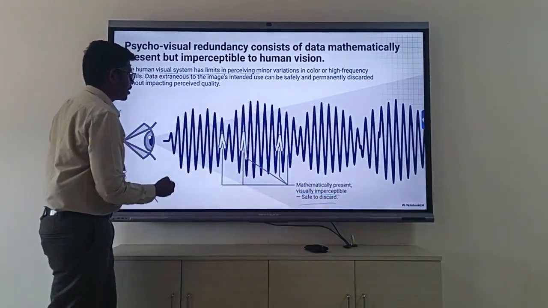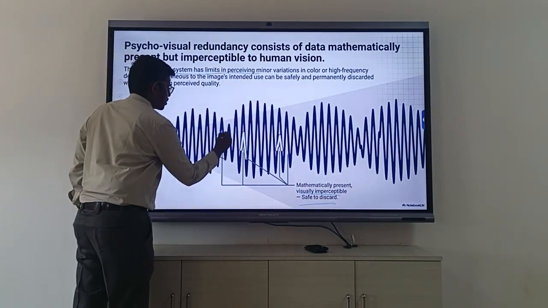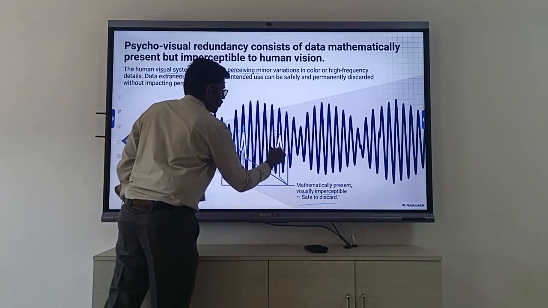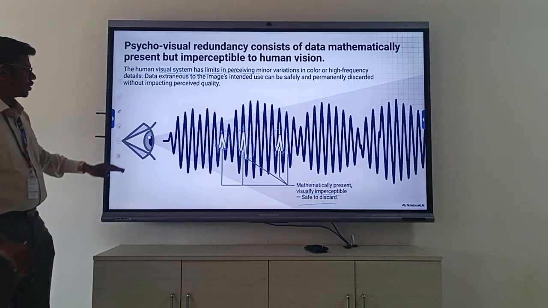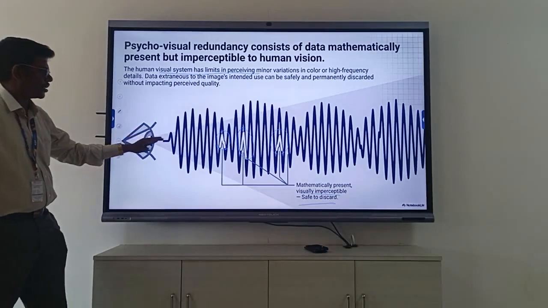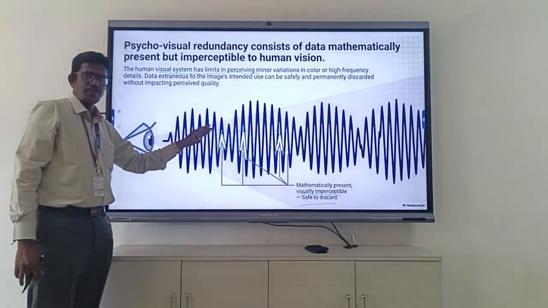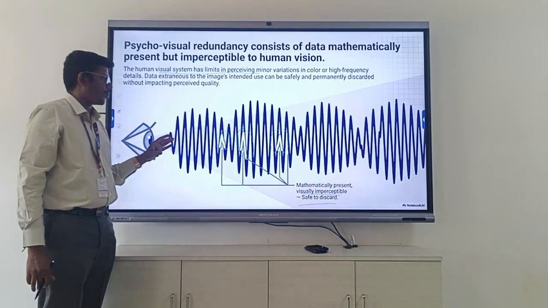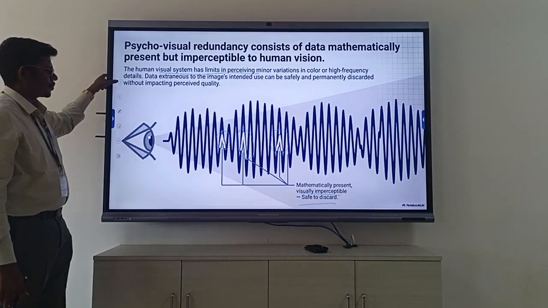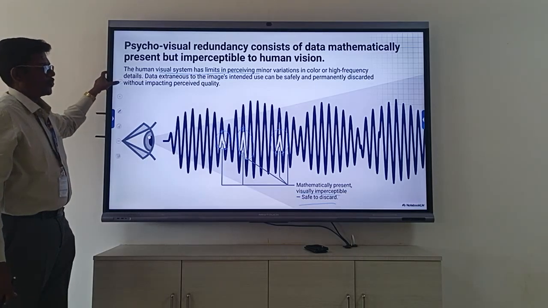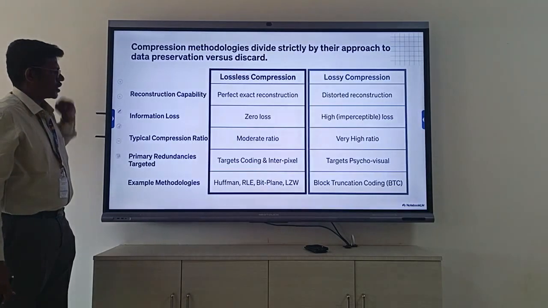These are the higher frequency components represented in the signal transmission; if they are not identifiable by human eye perception, we remove these types of components in the signal, as they are mathematically present but visually imperceptible and safe to change.